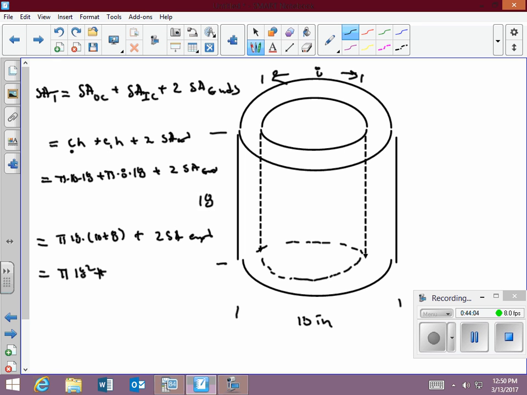And the surface area of the ends, 2 times, it's the area of the outside minus the area of the inside circle.